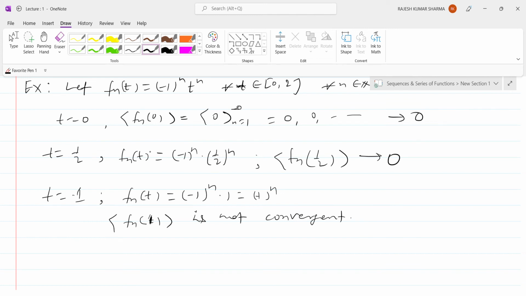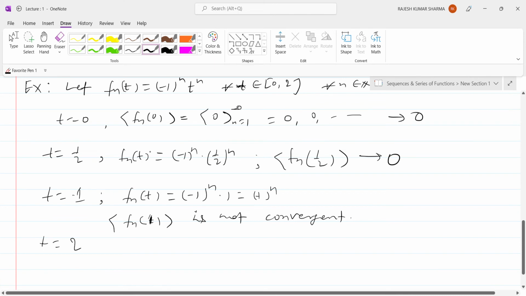Why? Because we have already studied in sequences and series of functions, sequences of real numbers: if a sequence has two limit points, then the sequence is not convergent. And in this sequence, f_n(1) equal to (minus 1) to the power n, it has two limit points, 1 and minus 1. That's why this sequence is not convergent at t is equal to 1.